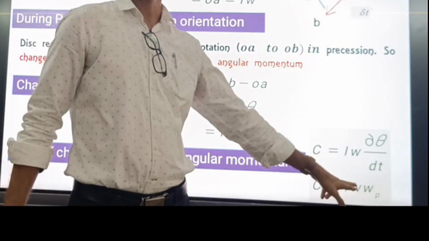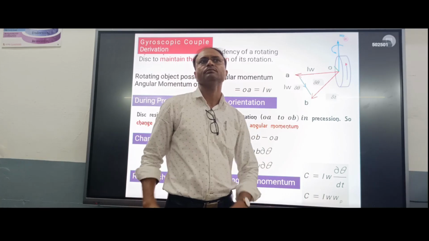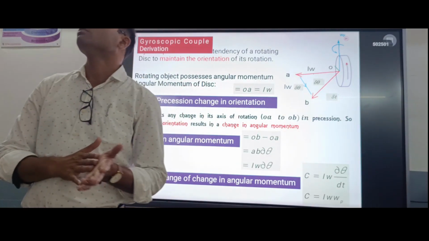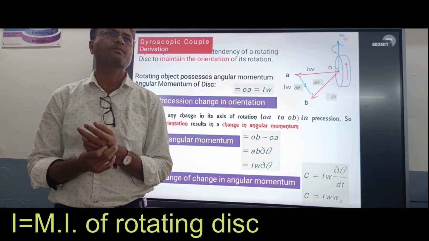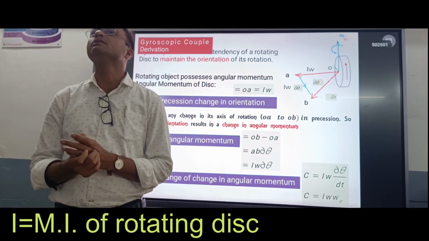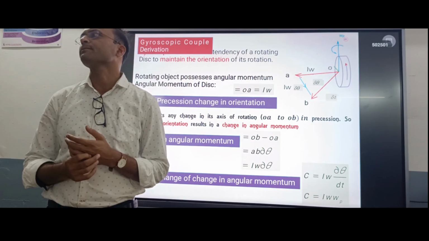I omega p, where I is the moment of inertia of the rotating disc. Omega is, what is omega?